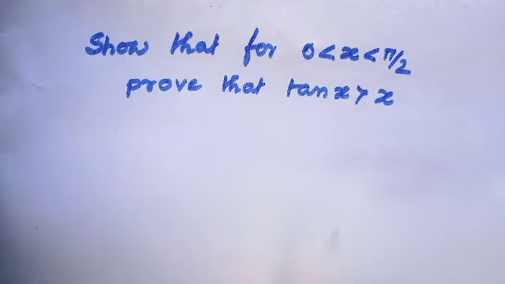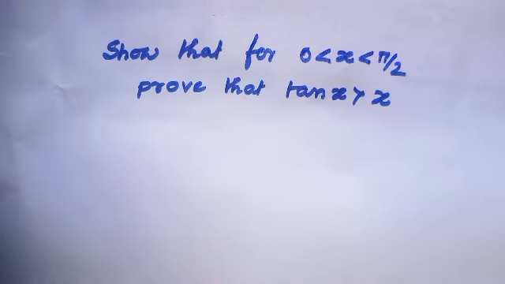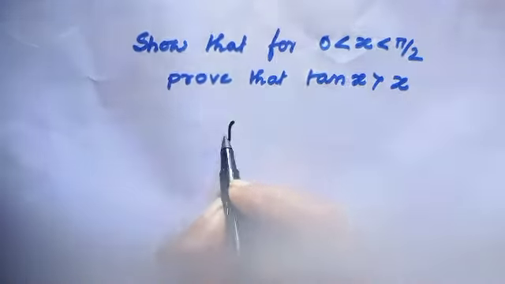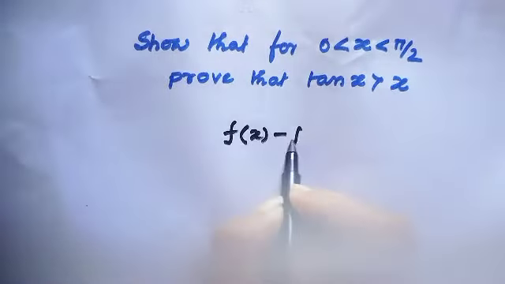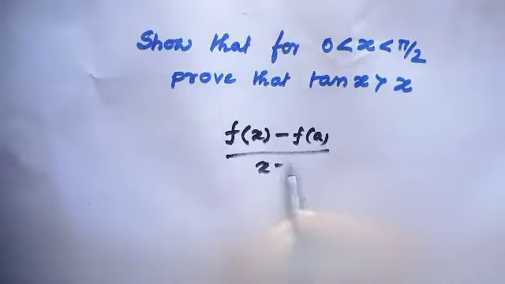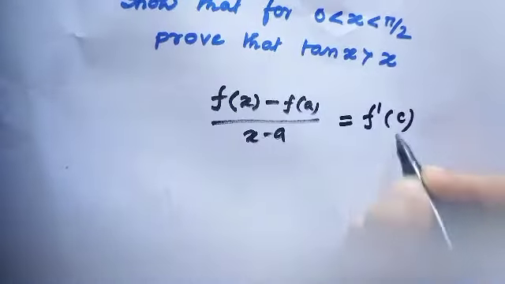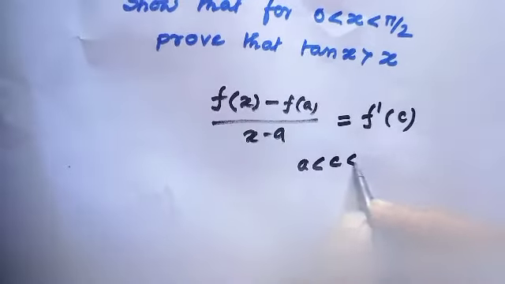Between the interval 0 to pi by 2, prove the inequality tan x always greater than x. Here I will look at this inequality. Okay. Here I will use the mean value theorem. We all of us know the mean value theorem. This is f of x minus f of a over x minus a, and by mean value theorem, this is always equal to f prime c where a less than c less than x.